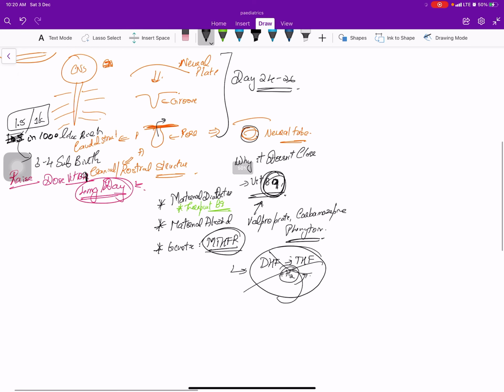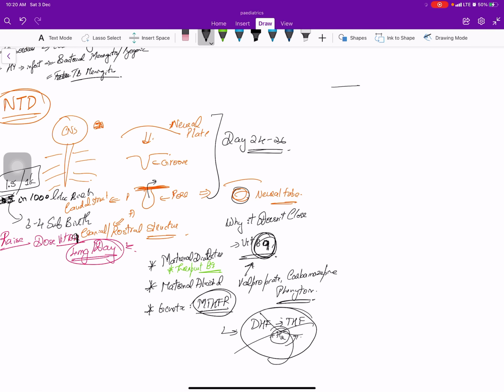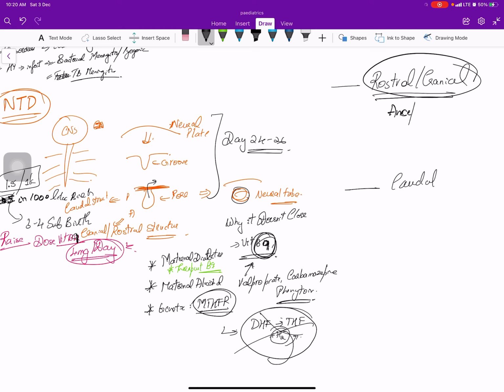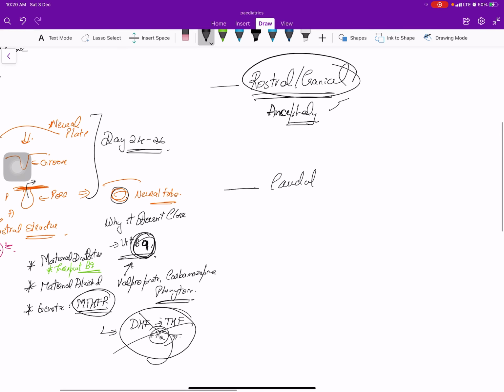So now the types, like I said, if it is anterior, it is a rostral or cranial issue, and if it is posterior, it is a caudal issue. If the brain or the cranium doesn't close, it's pretty bad, and this condition is called anencephaly, wherein there can be either absence of the brain tissue or an open cranium.